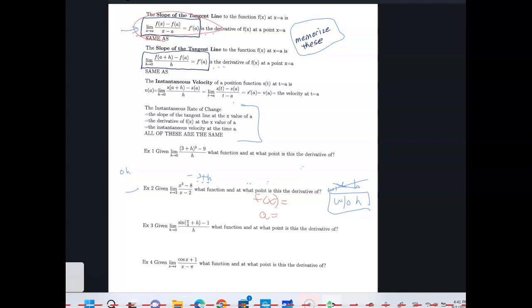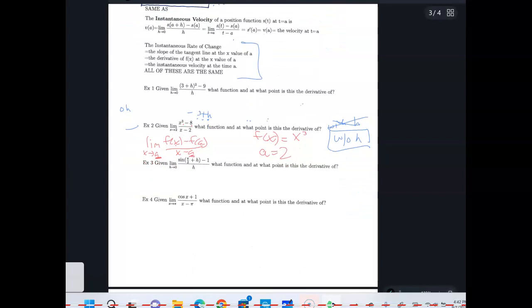Without h, that means I have to have f of x minus f of a over x minus a. I think a is spelled out for us, isn't it? It's 2. And what must the function be so that f of a gives me 8 and f of x gives me, oh, it's just x cubed. You see it, right? Okay, let's try, oh, I better stop here and start again.